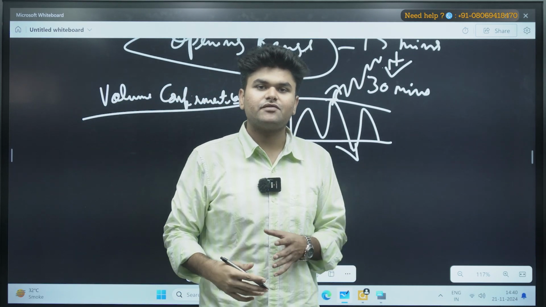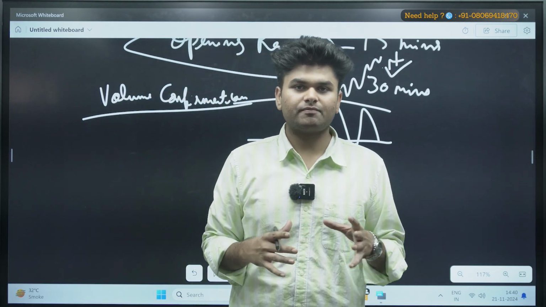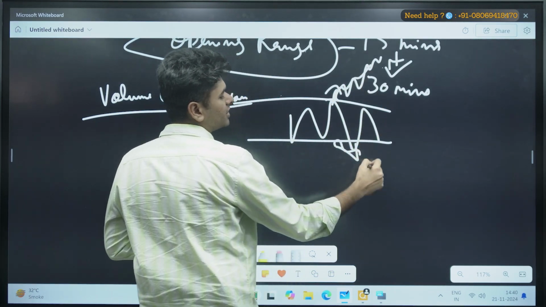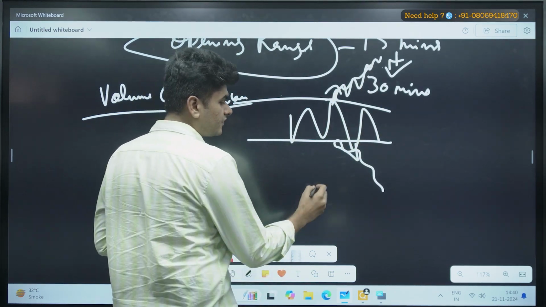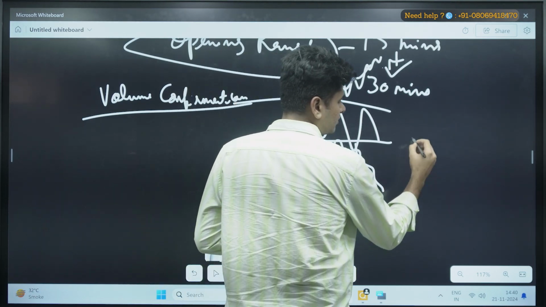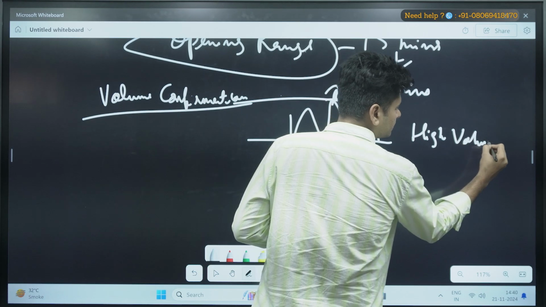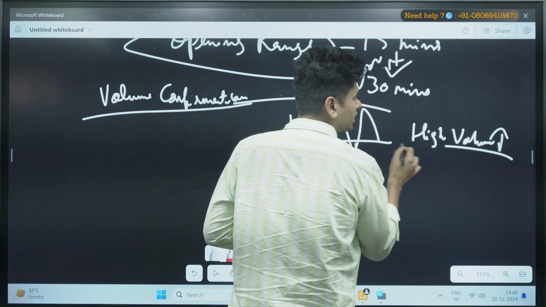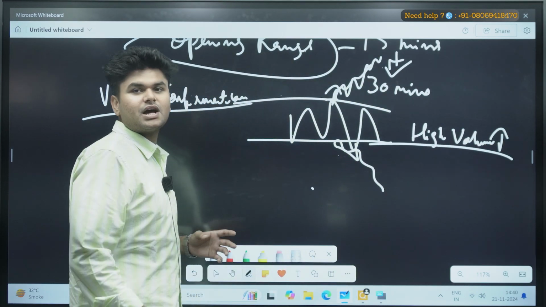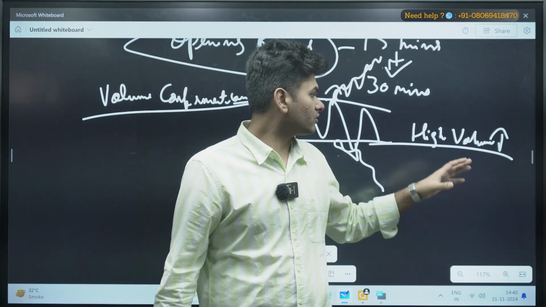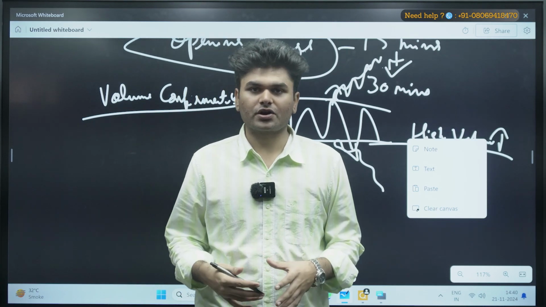It is because whenever you're seeing price momentum, as I said, if there is a range breakout on the upside or a range breakout on the downside, and there is high volume supporting this particular momentum, that will help you identify that the market trend, the particular direction, is a strong direction.